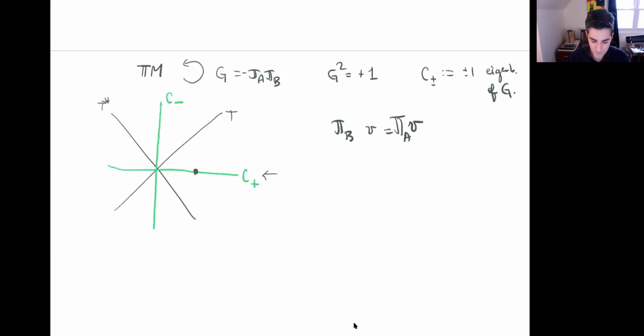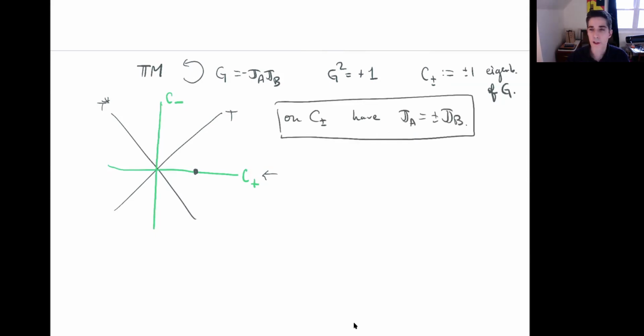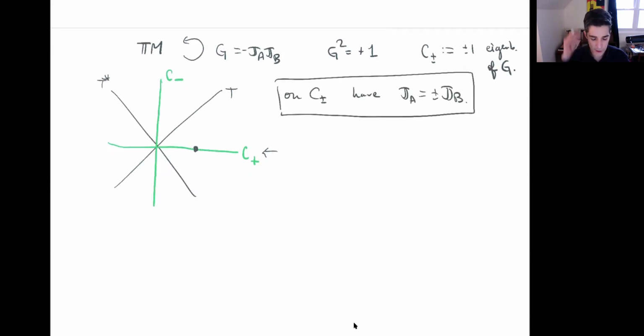So we could say that on C plus minus, JA is equal to plus or minus JB. That's just useful to keep in mind.